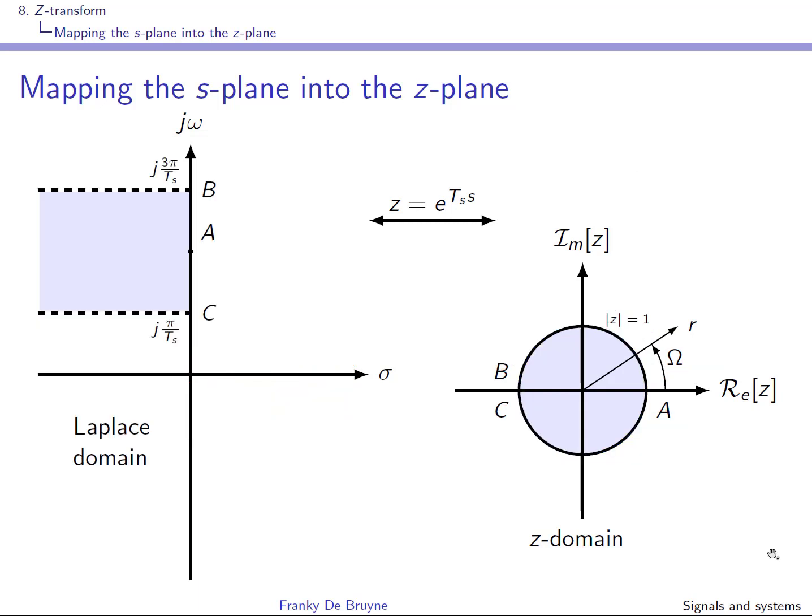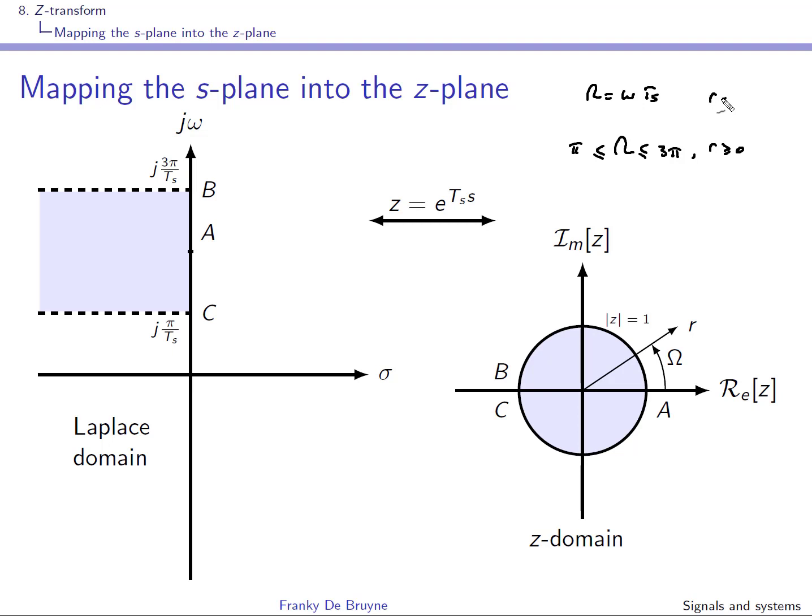So what we can do now is take another interval for the discrete frequency. Let us take an interval pi to 3 pi, and remember that the discrete frequency is the analog frequency times Ts. We'll choose here again r larger or equal to 0, so this corresponds to any value of sigma.